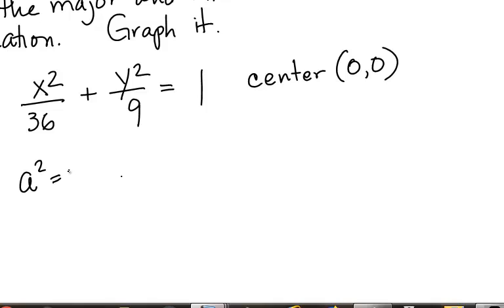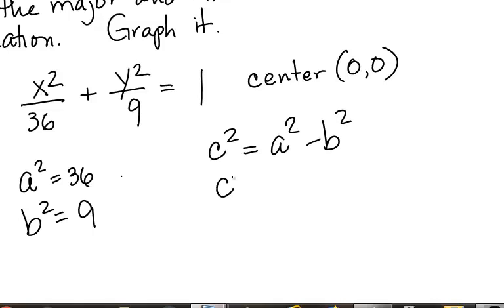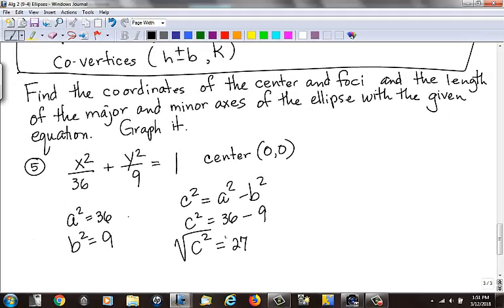The A squared is 36, right? The B squared is 9. And you know the formula is C squared equals A squared minus B squared. So C squared equals 36 minus 9. So C squared equals 27. Take the square root of both sides.